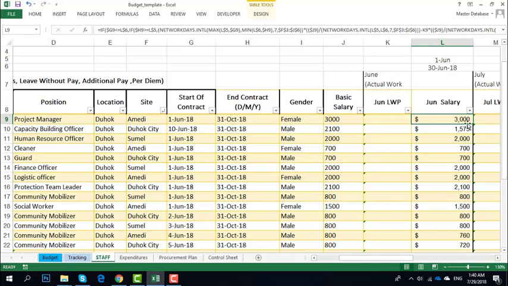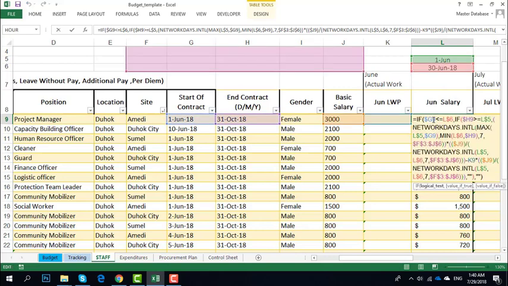We pay them the salary on a monthly basis, but depending on the actual working days, apart from the weekends and the holidays. Let's analyze the formula here. Then we will divide this formula and go through it one by one.